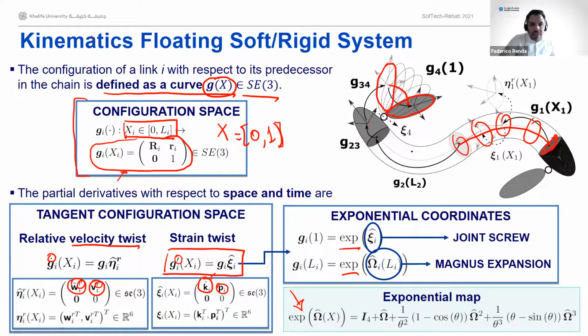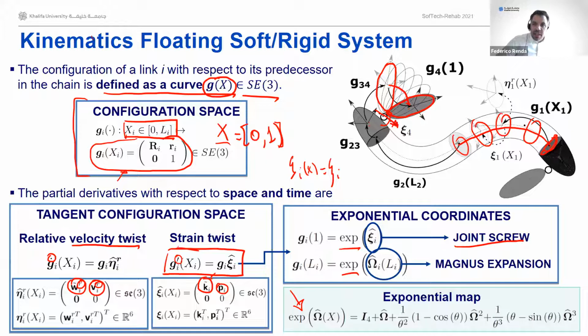Now, for the case of a rigid link, the strain is nothing else than the joint screw itself. It's nothing else than the axis of the joint and the strength of your joint motion. Which means that the strain twist for a rigid link is always constant with X. So ξ for the case of rigid is always constant.